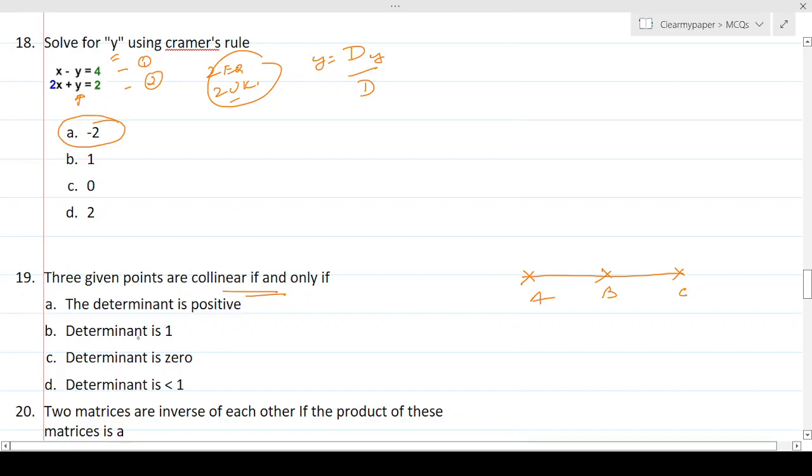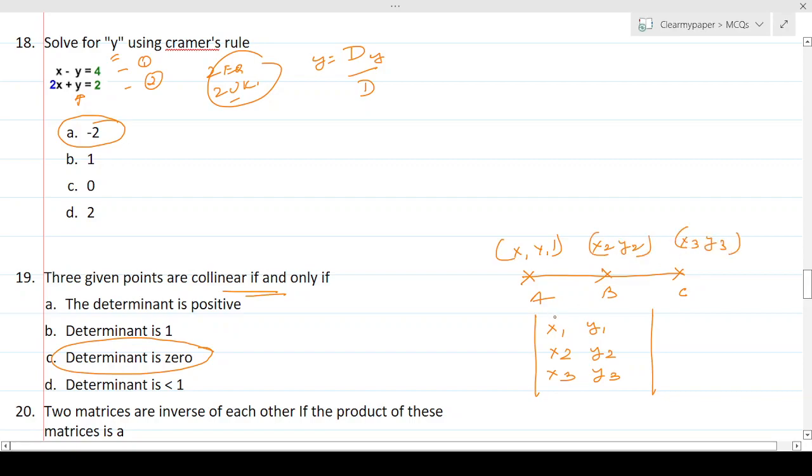If you remember, we have done this in the example where we take all three points, and it's the same formula as the area of the triangle, but we don't apply the plus and minus half. We just take the simple determinant. The first column will be of all x values, second will be of all y. For example, this point is x1, y1, and x2, y2, and x3, y3.